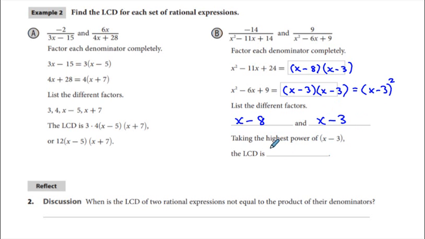So what we're going to have here is, for our least common denominator, quantity x minus 8 times quantity x minus 3 squared, meaning that if we multiply each expression by this least common denominator, we're going to clear out our denominators and be able to go on and solve the equation.